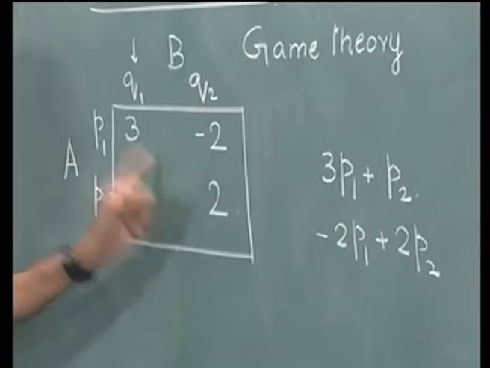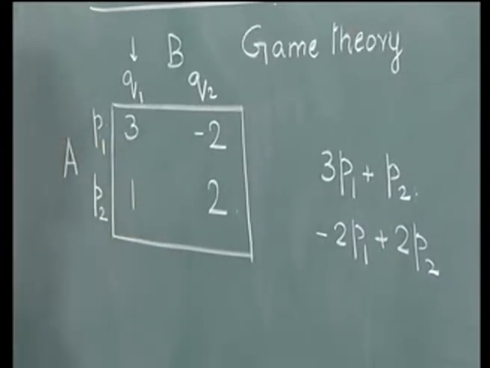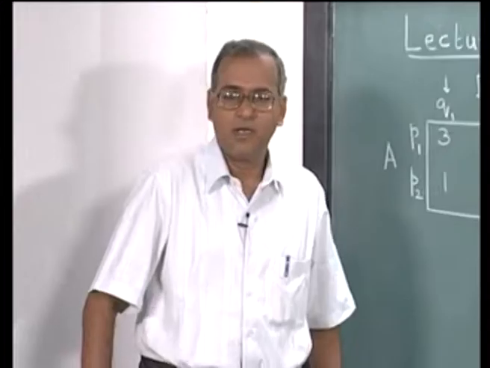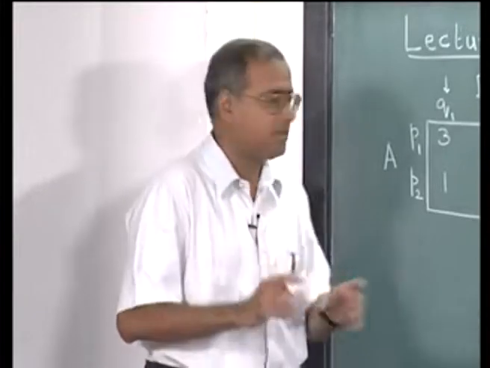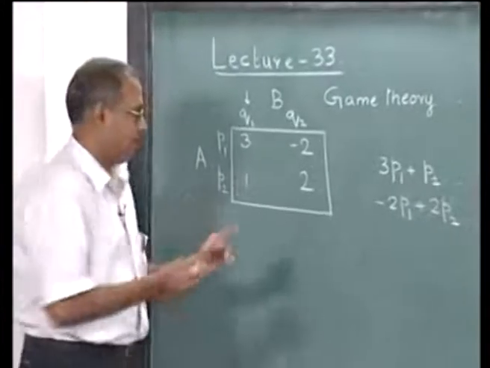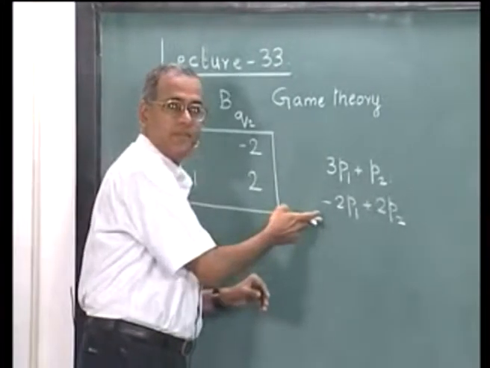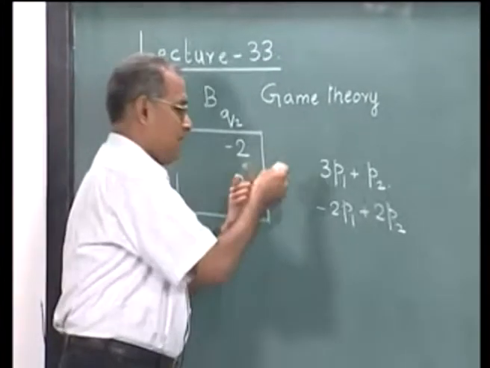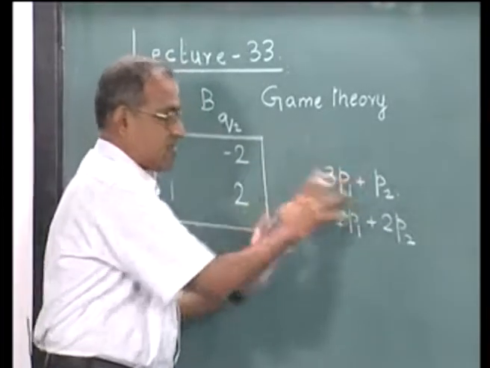Now, A knows that B is an intelligent player, and therefore, A would like to maximize the minimum that A will get. Because it is linear, the minimum that A will get will lie in either this or this, or the point of intersection of these two.